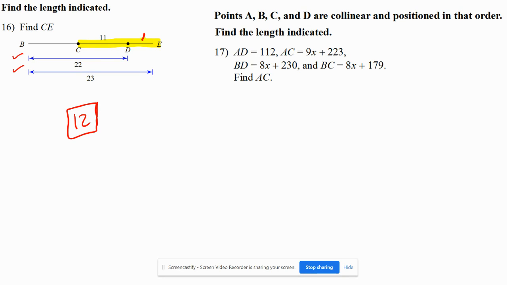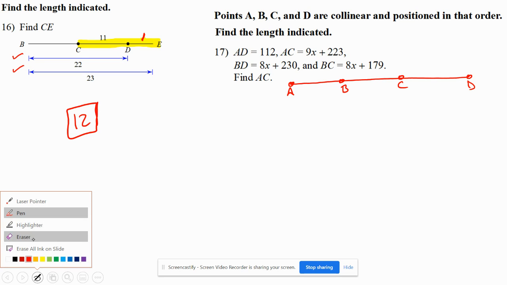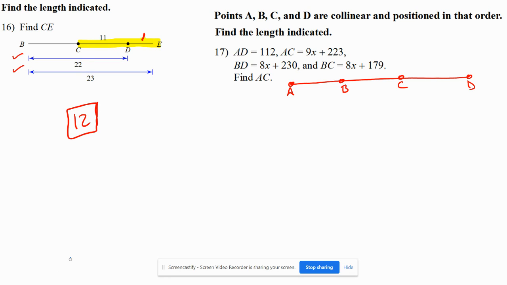We have the points A, B, C, and D are collinear and positioned in that order. So let me draw a segment. I want to draw 4 points because it said collinear. I'm going to call them A, B, C, D. Now let me see what information I have. I know that AD is 112.